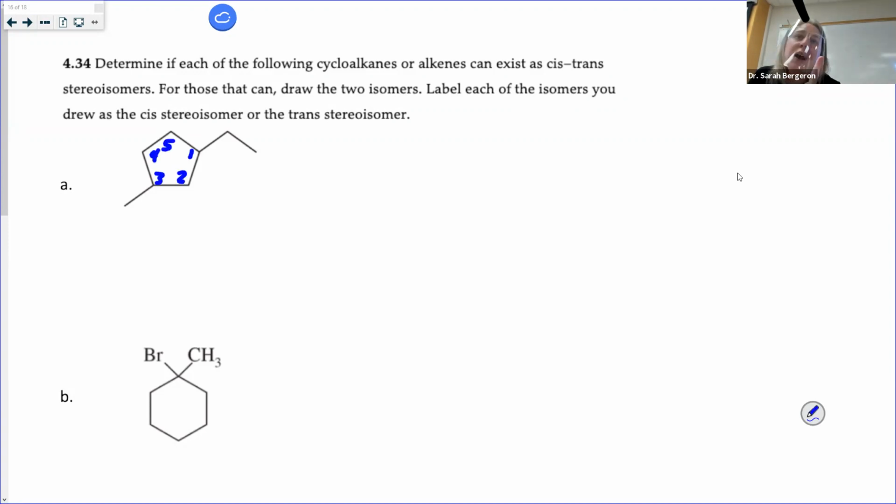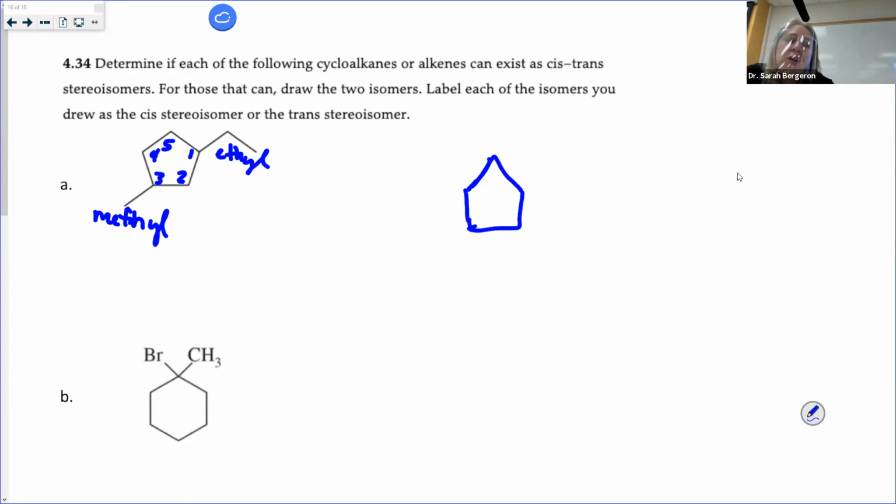On carbon 1, I have a what? On carbon 1, I have an ethyl. On carbon 3, I have a methyl. M-E-T-H-Y-L. I'll put an extra L. Whatever. Okay. So I'm going to draw my ring. Right? It's the little house.